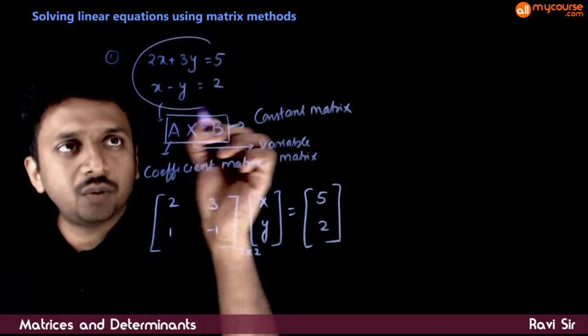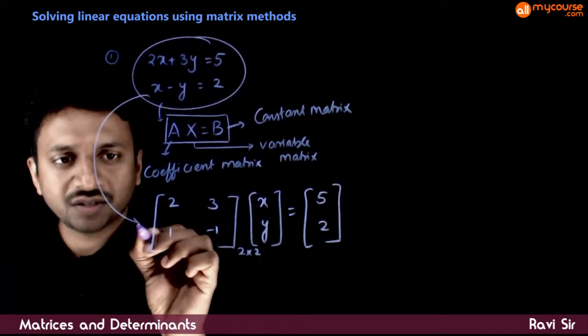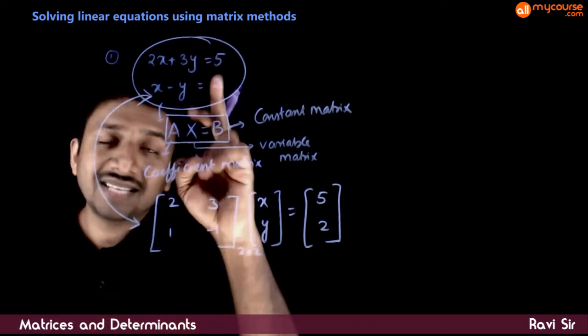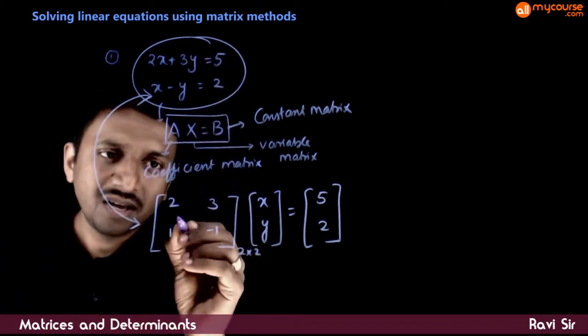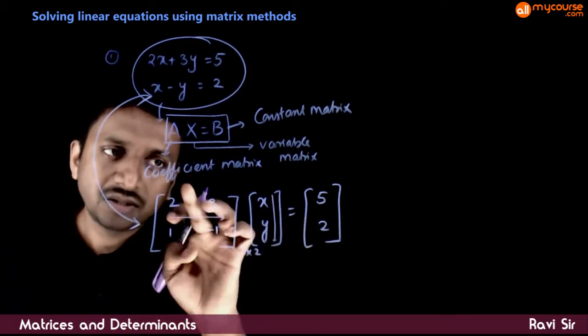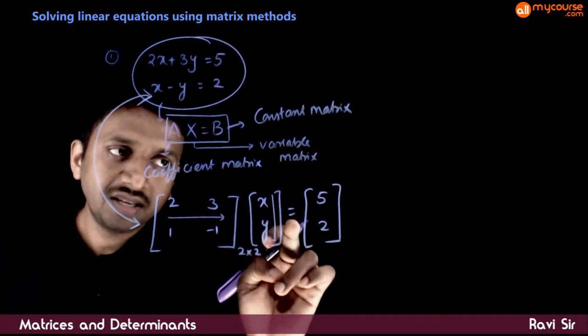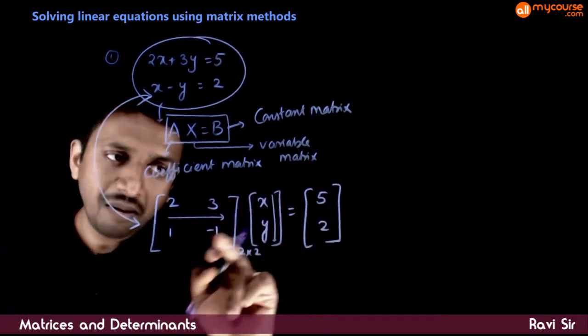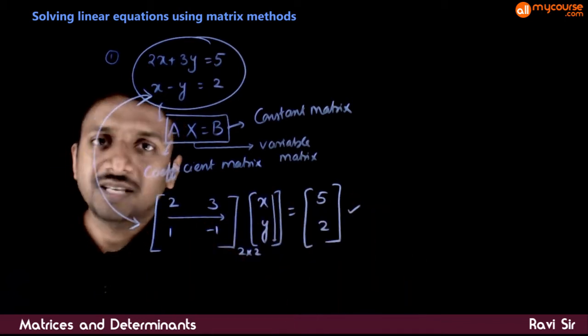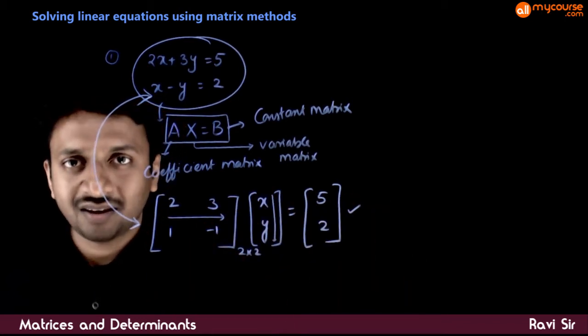So this set of equations can be expressed in matrix form in this way. If you expand this, you get exactly the same equations, because of how you multiply matrices, row and column. So 2x plus 3y is equal to 5, x minus y is equal to 2. This is how we express it in matrix terms.